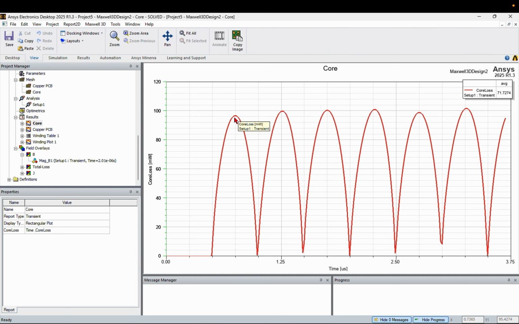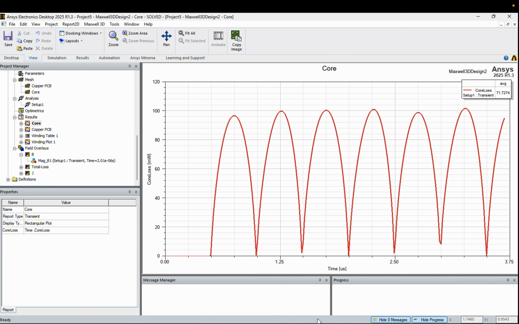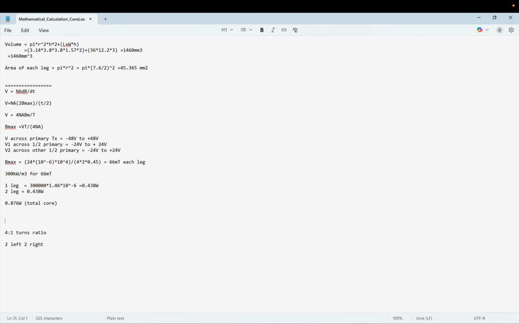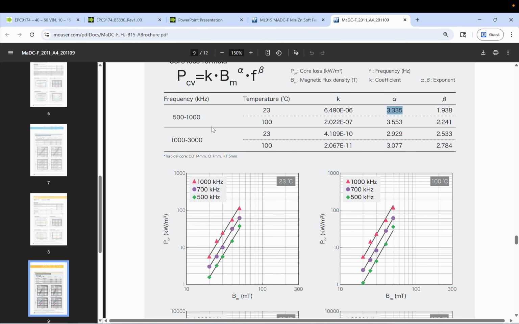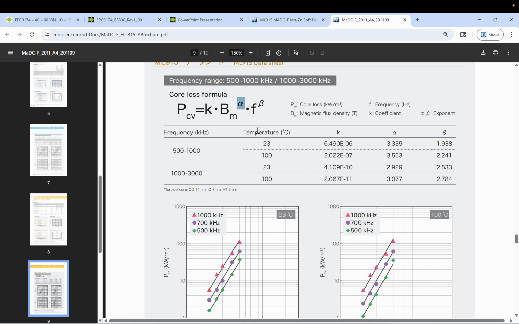So the core loss equation, the Steinmetz equation, if you look at it, it has an alpha once you are at 1 megahertz. If you take a look at 100 kilohertz switching frequency, you take 300 millitesla as the saturation flux density. Once you are at 1 megahertz, you take probably 30 millitesla.